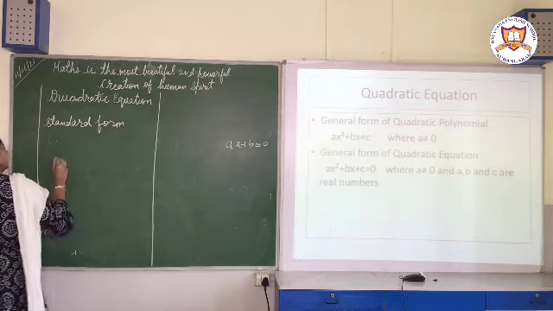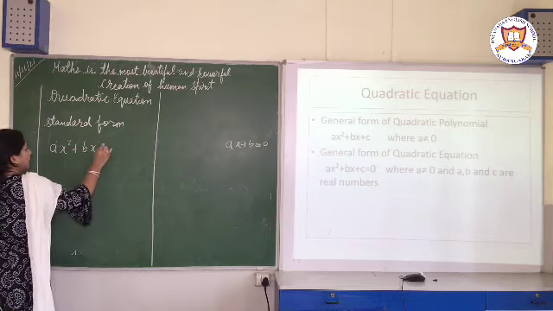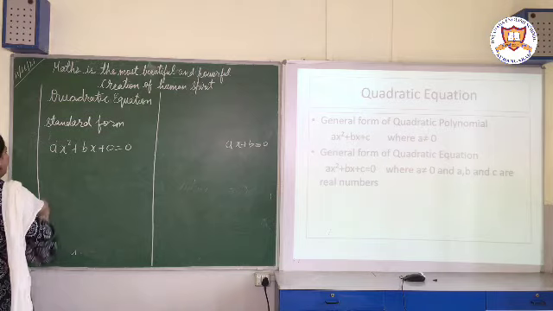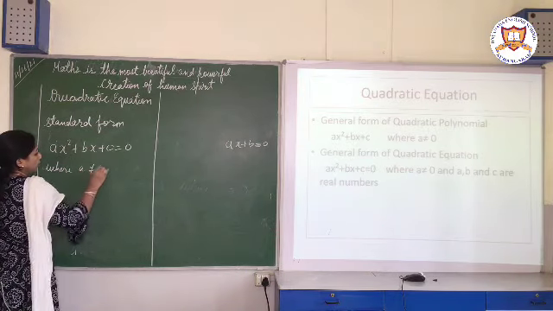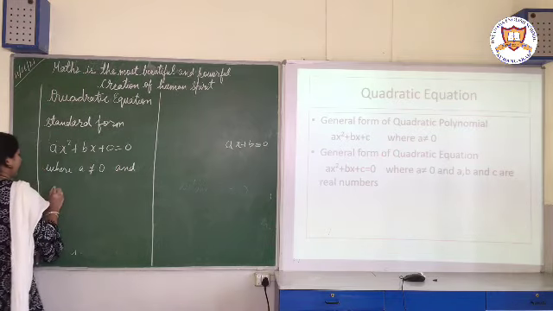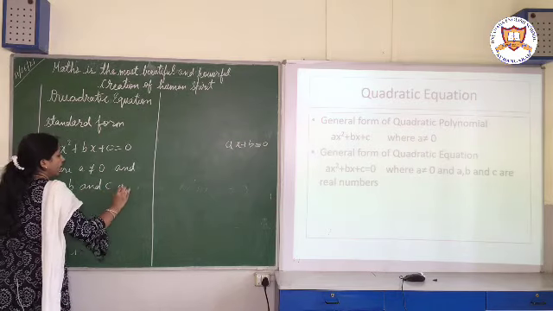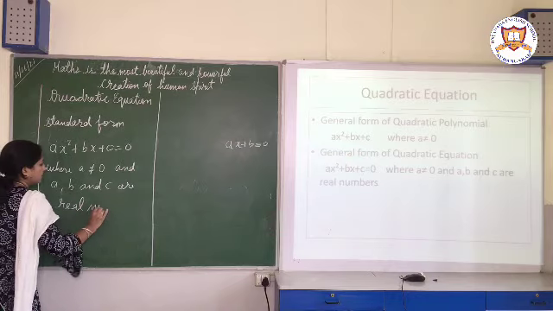Standard form of quadratic equation, that is ax square plus bx plus c is equal to 0, where a is not equal to 0 and a, b and c are real numbers.